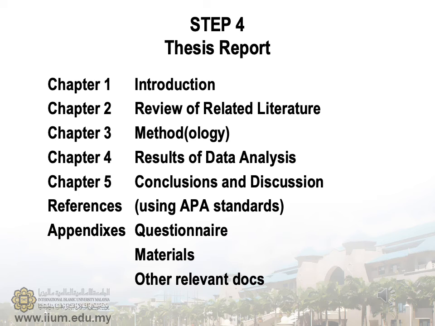These 5 chapters cover the whole range of activities and tasks that the student had been involved in. The research procedure of the study is to be clearly presented, especially in Chapter 3.